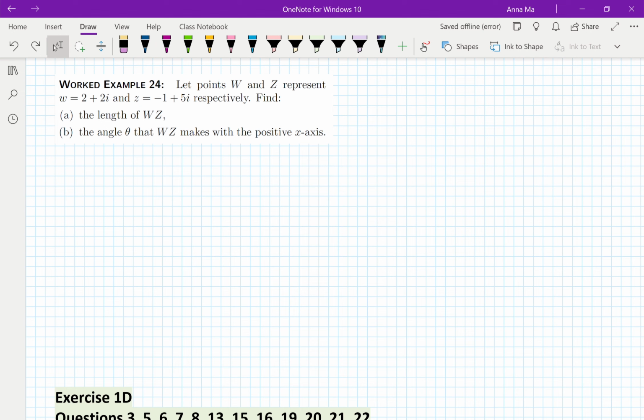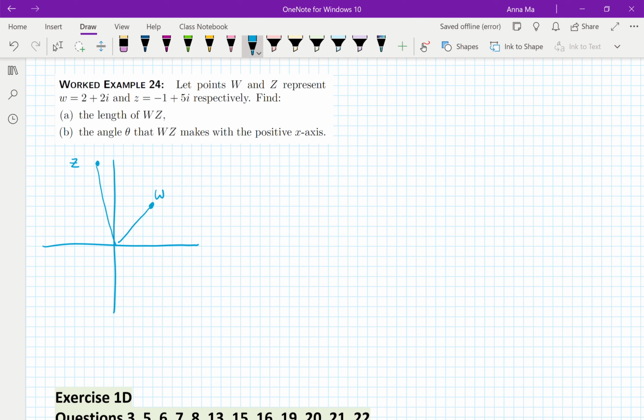I would like to picture that first. Okay, W is 2 plus 2i, right there. And then minus 1 plus 5i, that's pretty high up. That would be the point for complex number Z.